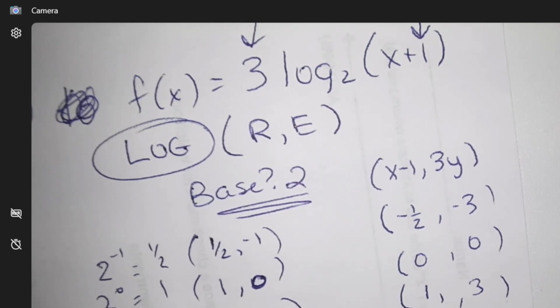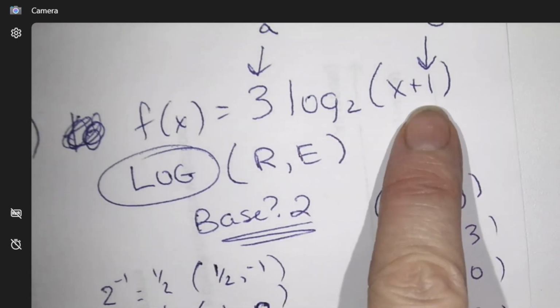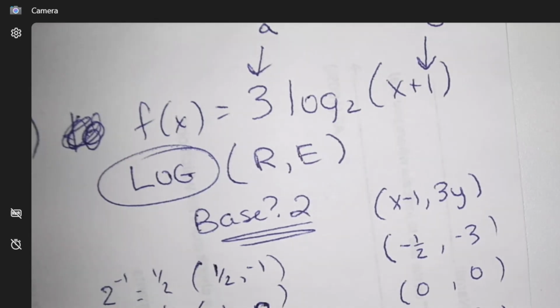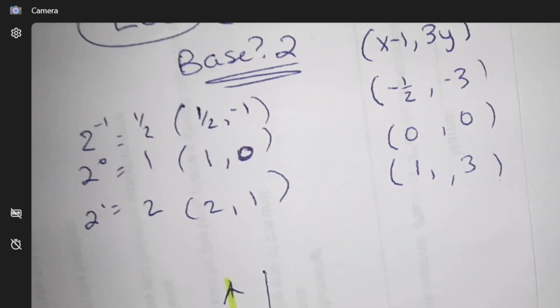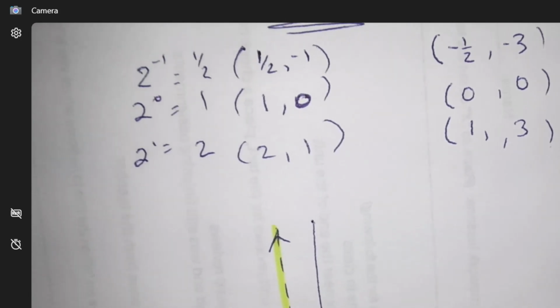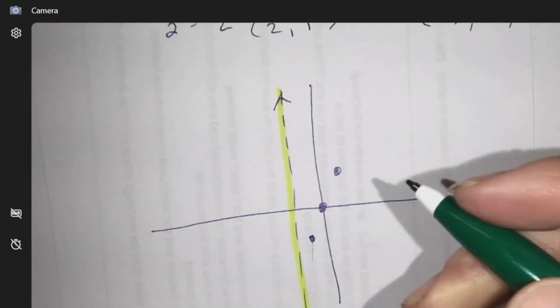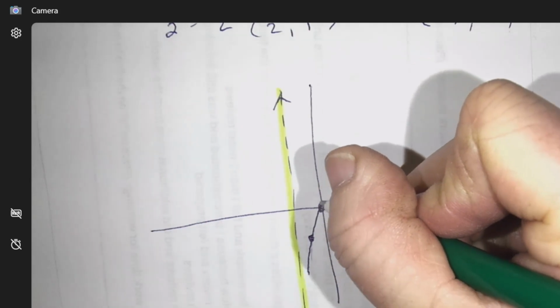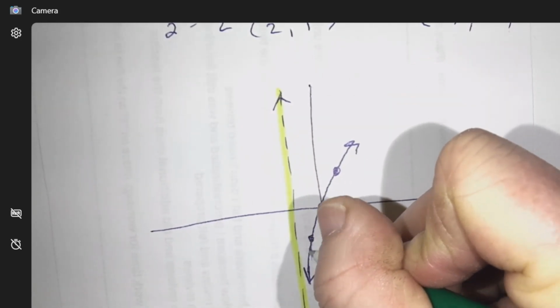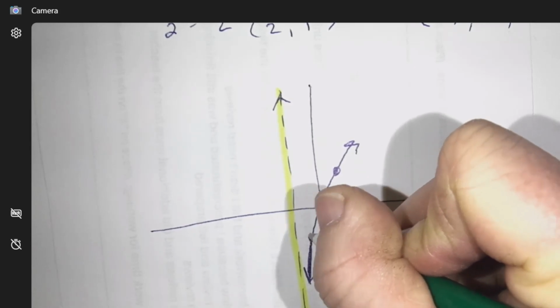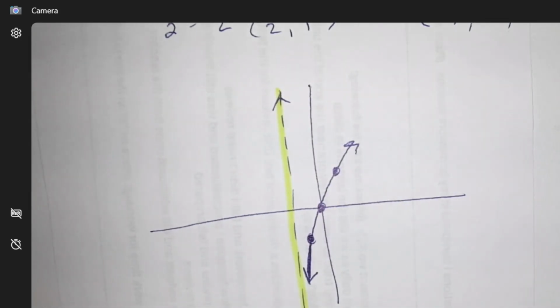Okay, now where is my asymptote? So I moved left 1. So I'm going to have an asymptote at left 1. So I always have to approach the asymptote when I get there.